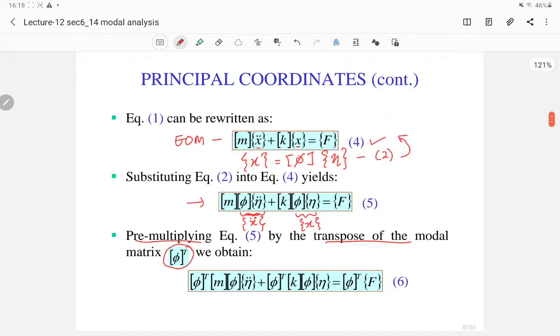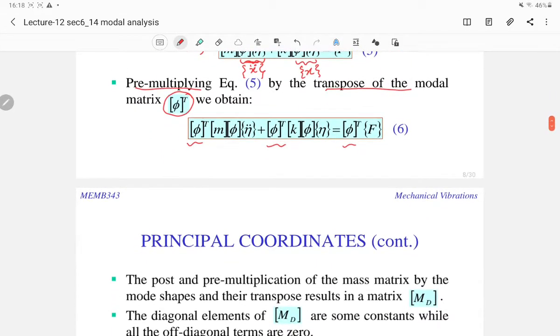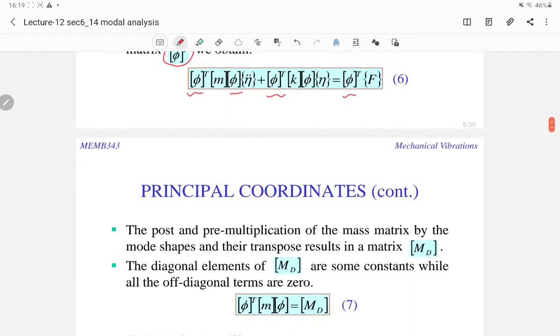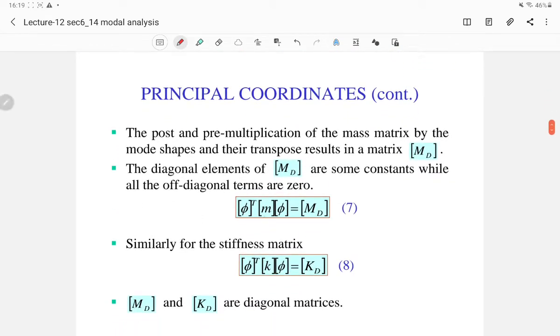You can see that we pre-multiply everything. If you remember in linear algebra or matrix operations, anything that you pre-multiply with the transpose and then post-multiply with the original matrix, you can actually get a diagonal matrix.